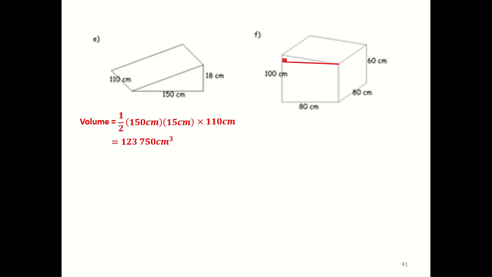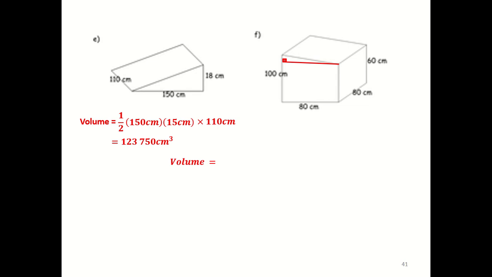F has two prisms in it. It has a rectangular prism as well as a triangular prism. I will first start by calculating the volume of the, now I'm confusing volume and the total surface area.